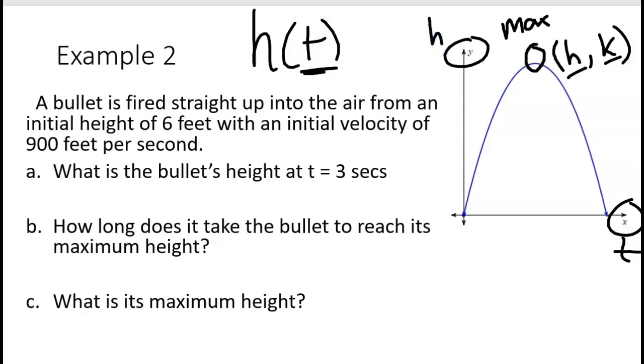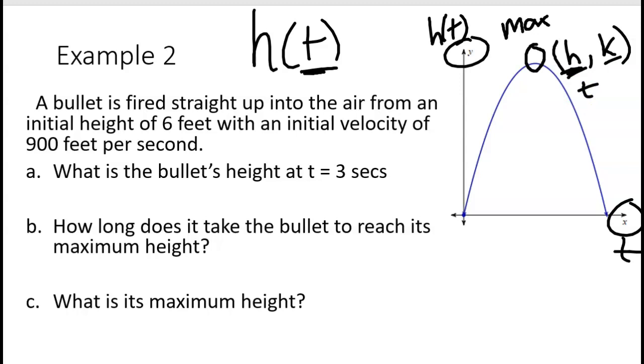So t, the x-axis, is time, the vertical axis is height, and so in this case, this is kind of confusing because we're using h of t here. This h doesn't mean height. This h is the x part of the vertex, so that's actually going to be a t value. That's a little bit confusing.